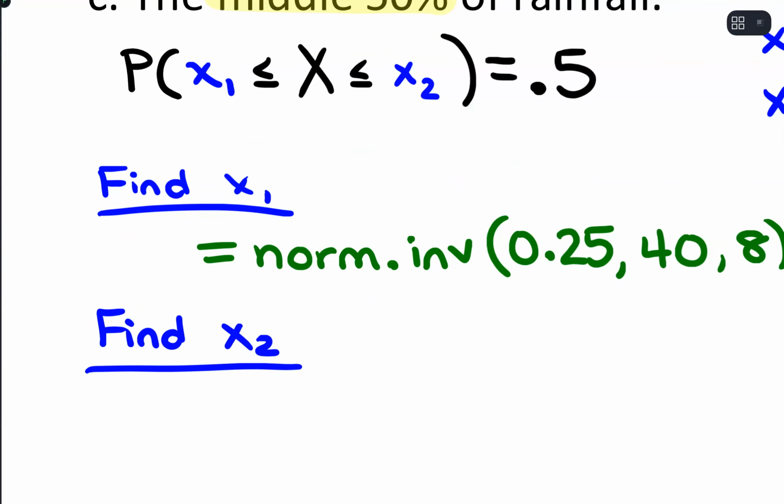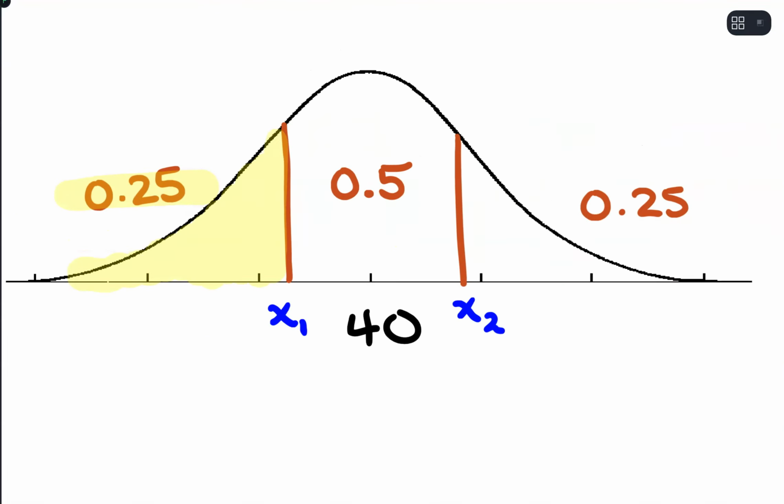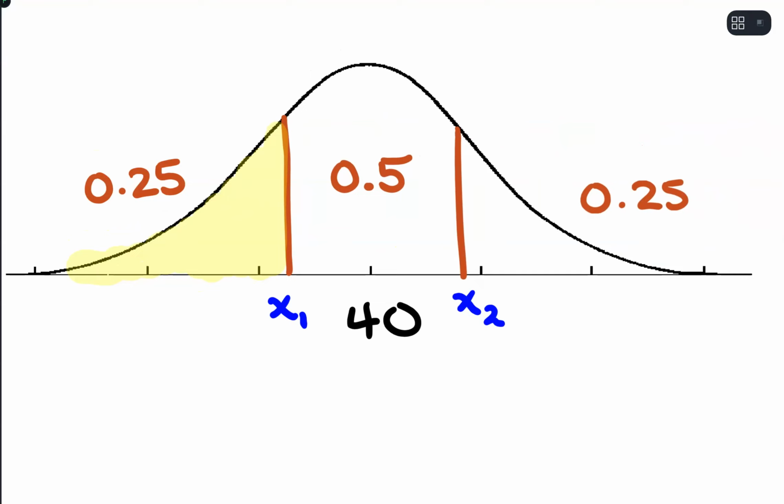Then for x2, we're going to do the same thing, but we need to think about what probability we use, or what the area to the left is for this scenario. If I go back to my picture and get rid of the shading for x1, then for x2, the area to the left of that cutoff is that middle 50% and that left tail together.